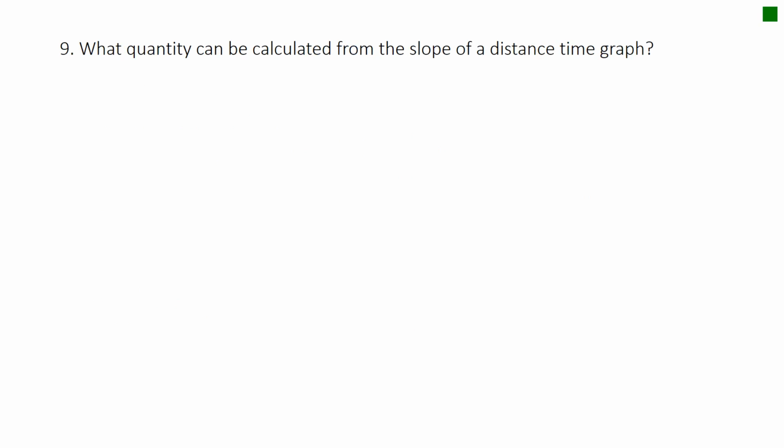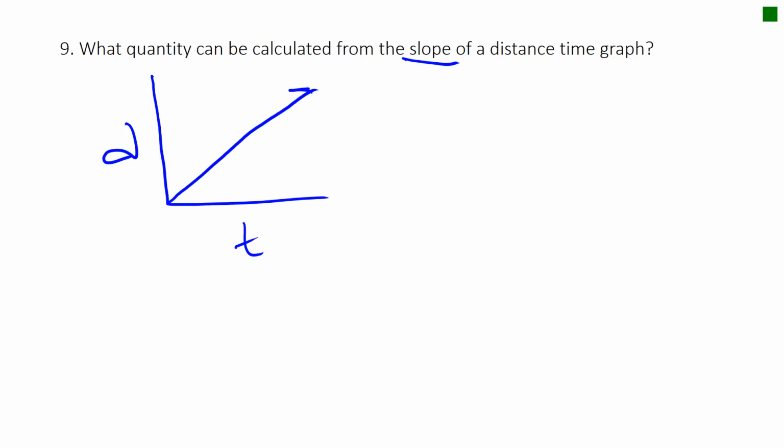What quantity can be calculated from the slope of a distance time graph? So a distance time graph, you're going to have distance on the y, time on the x, and so there's your slope. Okay, remember that slope is equal to the change in y over the change in x.